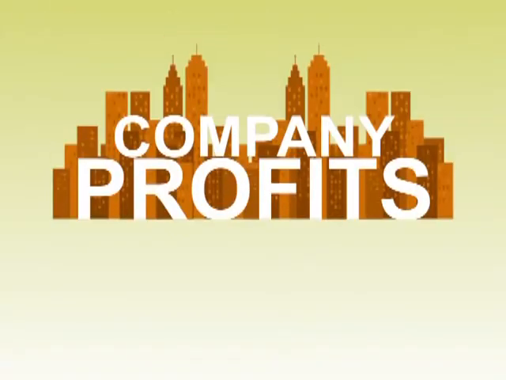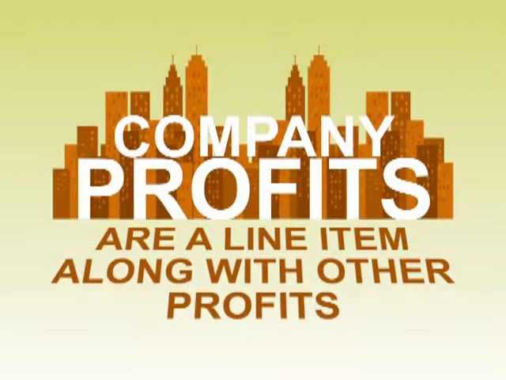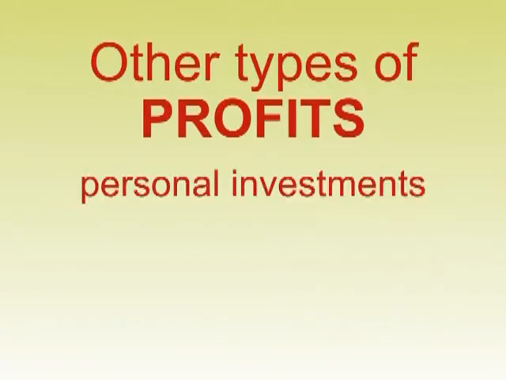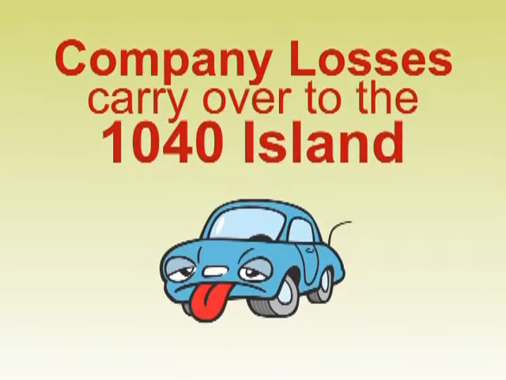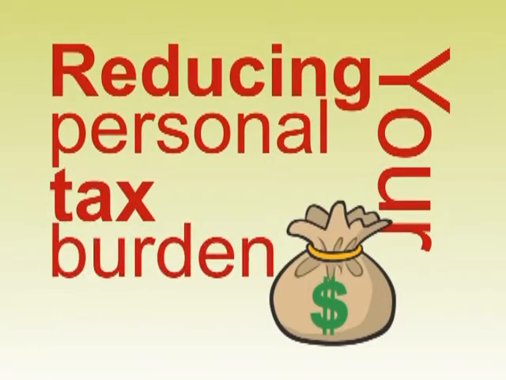The company profits or losses are a line item on your return, along with other ways you bring in income, say through personal investments like stocks or any other wages and income you may have. But losses from the business can also carry over onto the 1040 island, reducing your own personal tax burden.